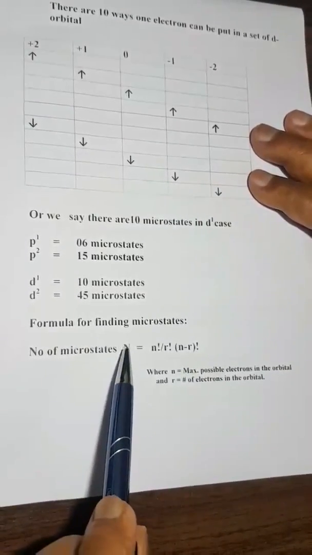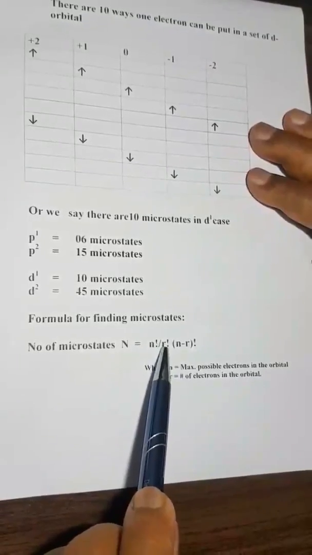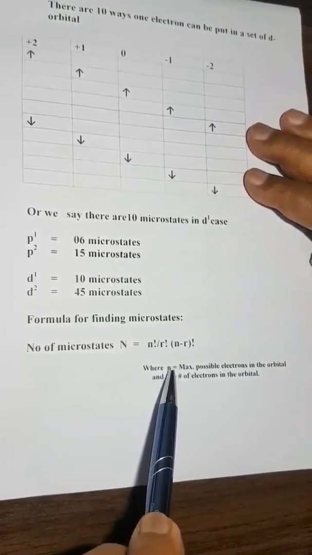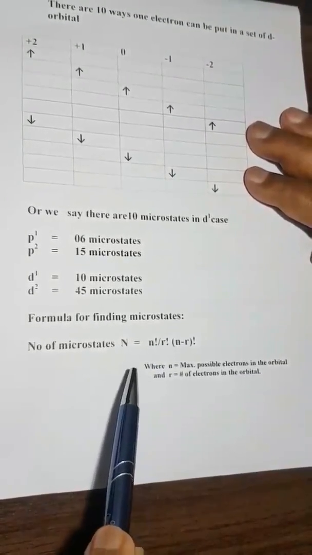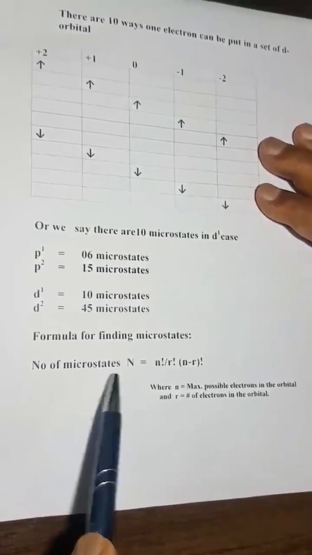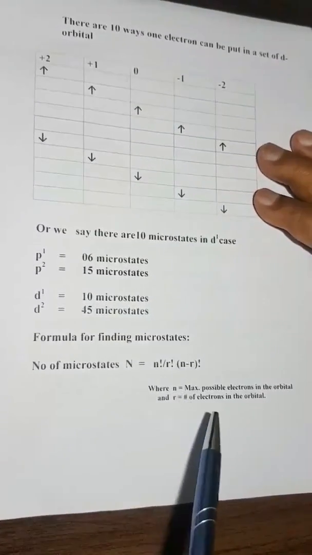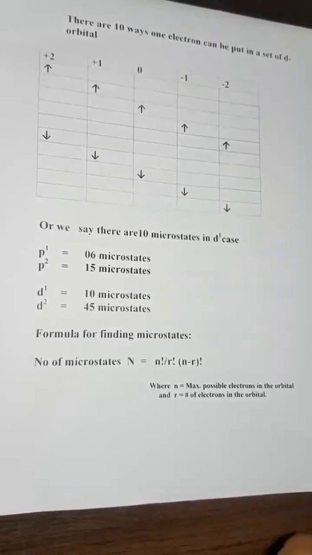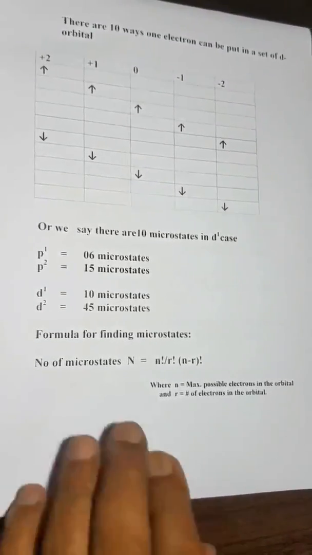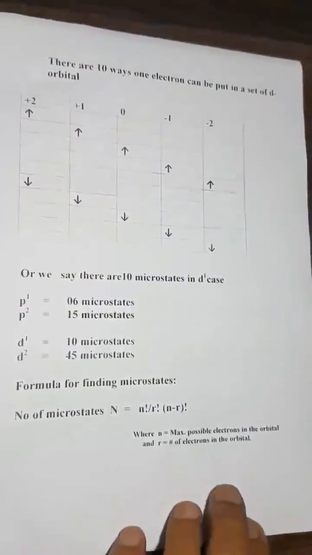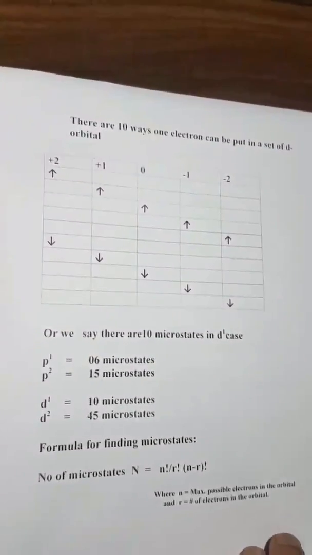These terms, capital N, small n, and R, are explained. Capital N is the number of microstates, small n is the maximum possible electrons in the orbital, and R is the number of electrons in the orbital.